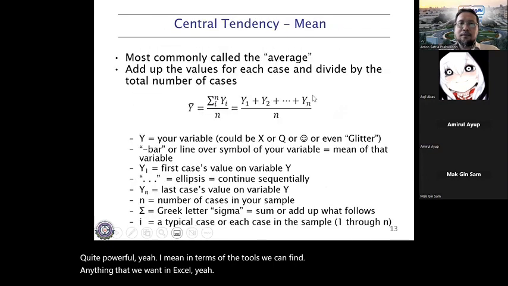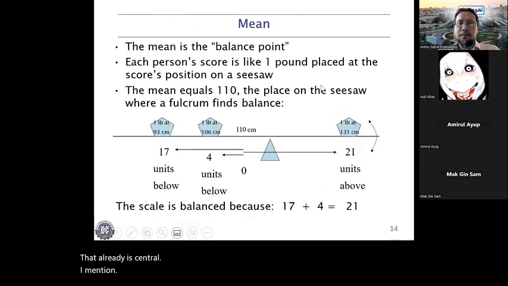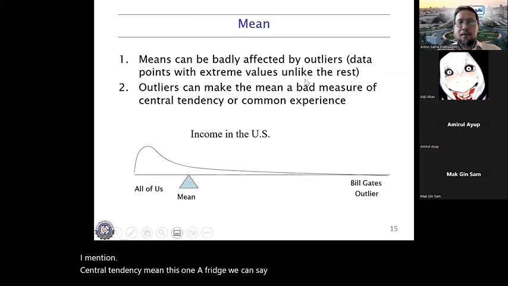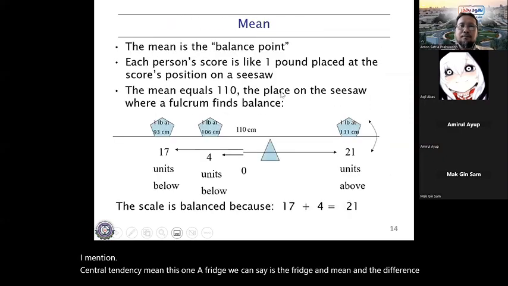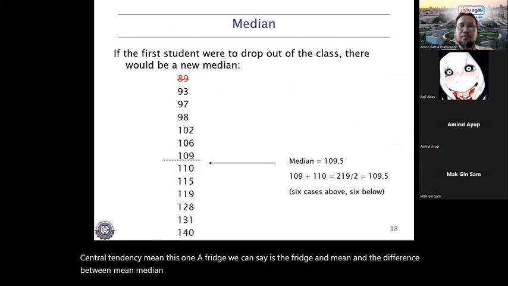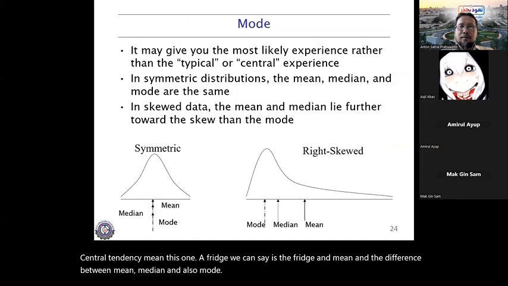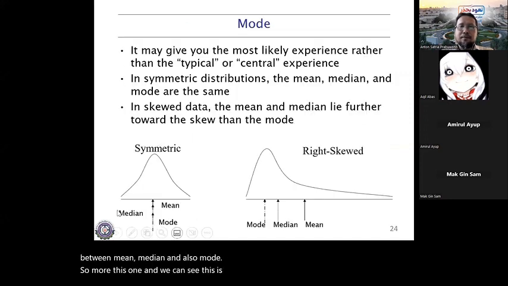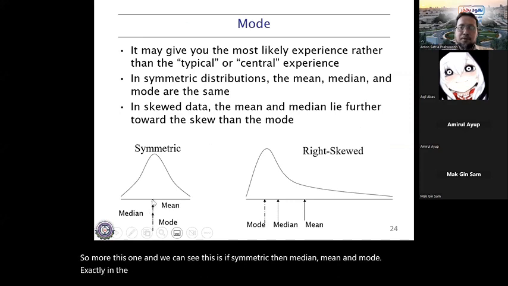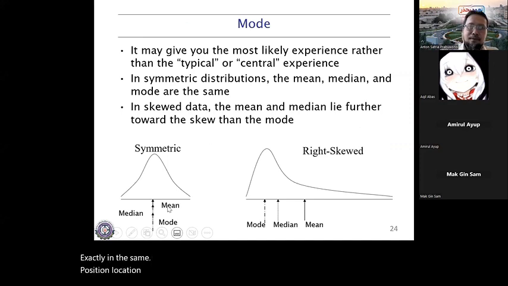So summarizing is done already. Central tendency, I mentioned: mean, which we can say is average, and the difference between mean, median, and also mode. If it is symmetric, then median, mean, and mode are exactly in the same location, exactly in the middle here.